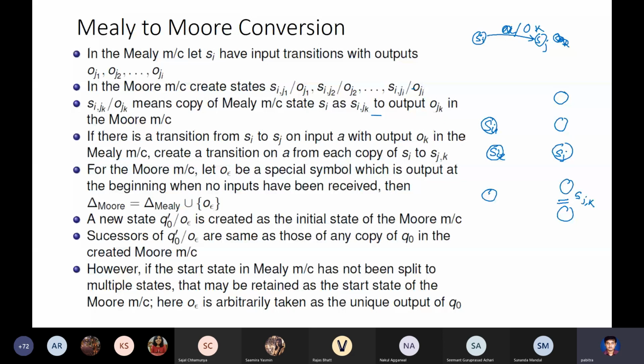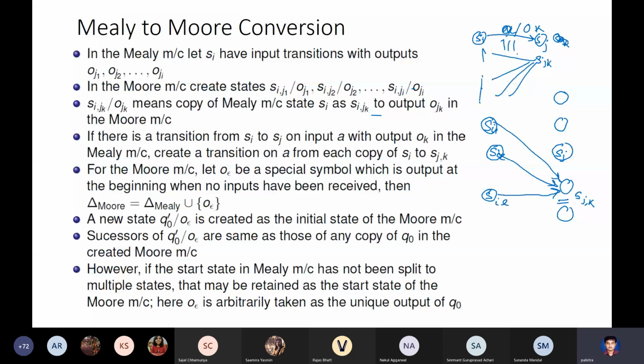From all split edges of the input, and if it is OK, only Sjk. From each of these there will be edges. So this edge will get converted to this.